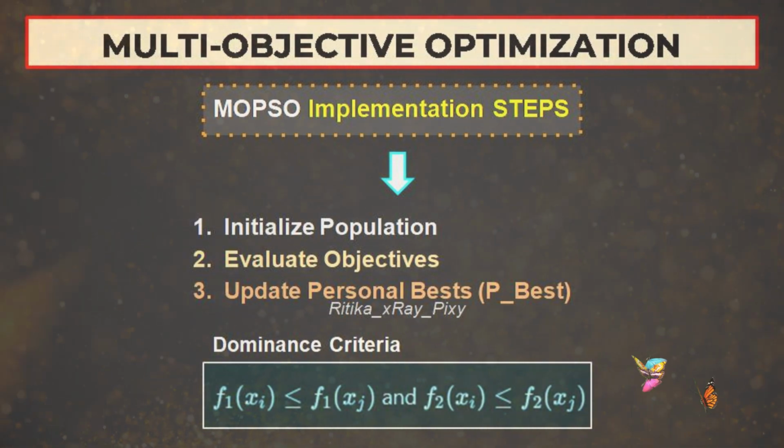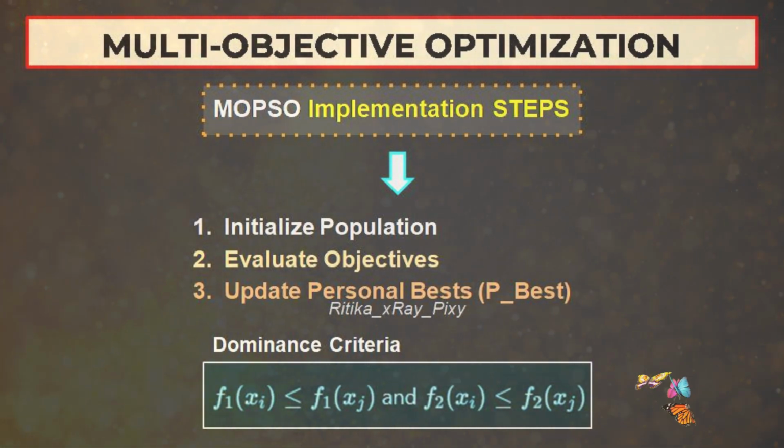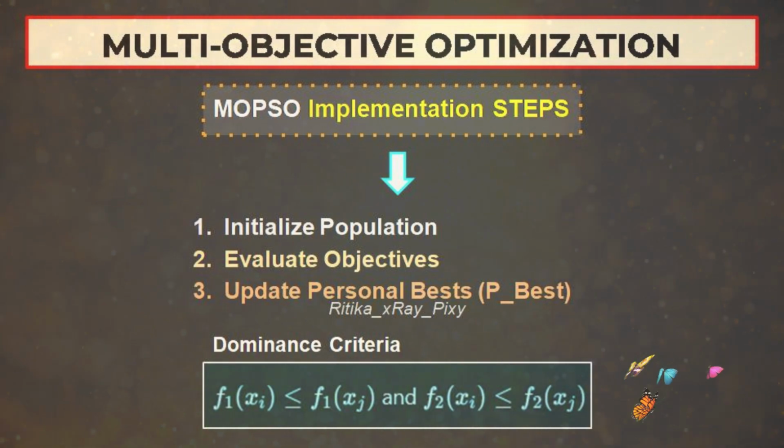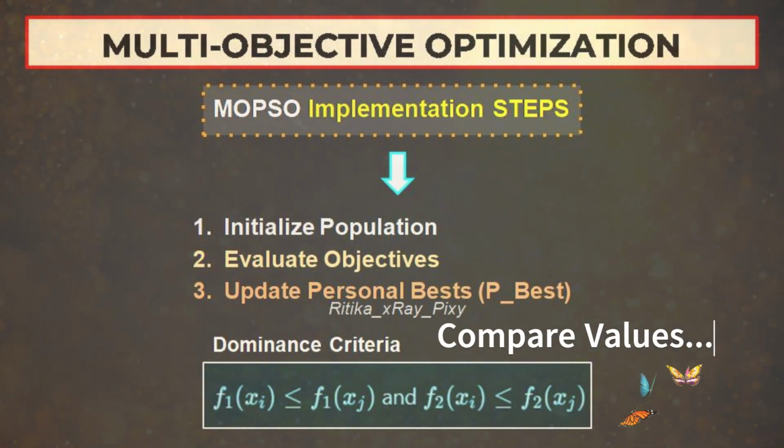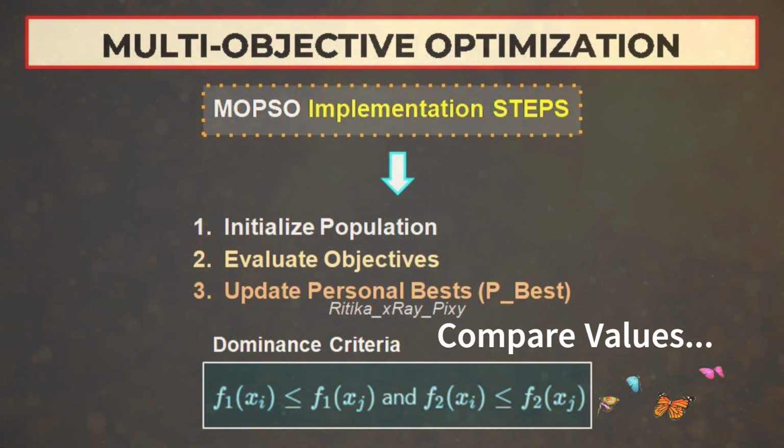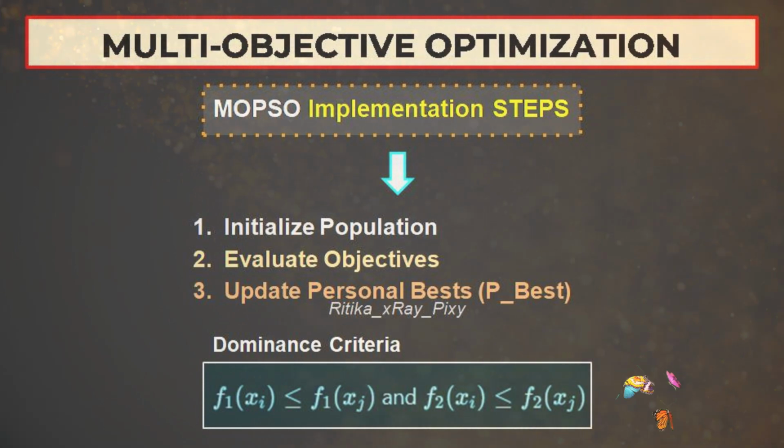Any particle xi dominates another particle xj if f1(xi) is less than or equal to f1(xj) and f2(xi) is less than or equal to f2(xj). Here f1 is the first objective function, f2 is the second objective function. We have different inequality constraints.